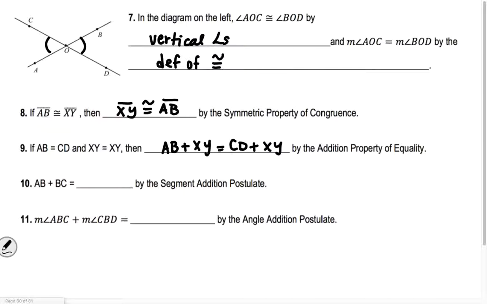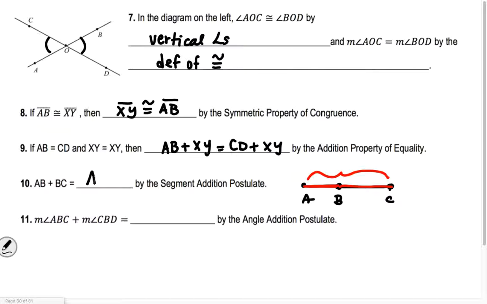All right, AB plus BC equals... Maya, you think you got it? By the segment addition postulate. So A to B added to B to C equals what? Not that one, down here. So I drew it up here. So Maya, look, A to B plus B to C equals the whole distance.